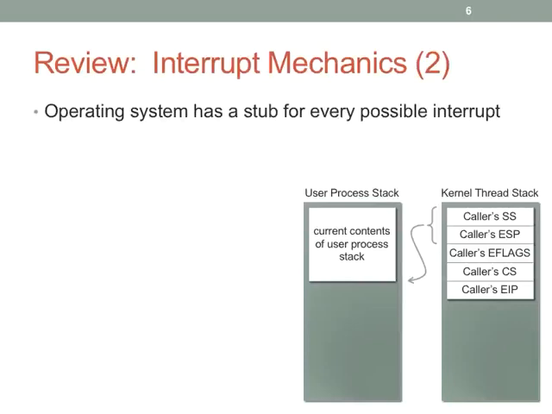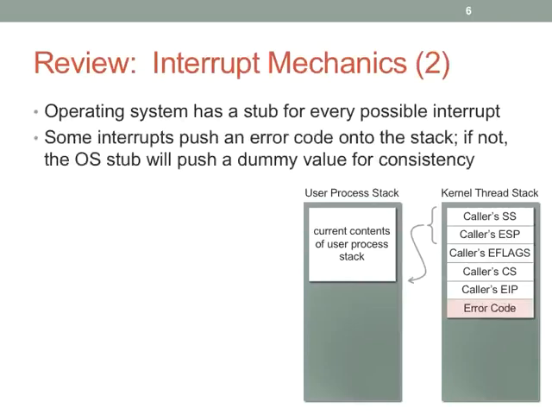Okay, and so just to continue our discussion, remember that some interrupts, specifically faults, will store an error code indicating what happened. Most of the faults store it with a specific format, but the page fault is special because it wants to say, was it an instruction or was it data that caused the fault? Is it writing to read-only memory? Is it trying to execute something that's not in an execute segment?